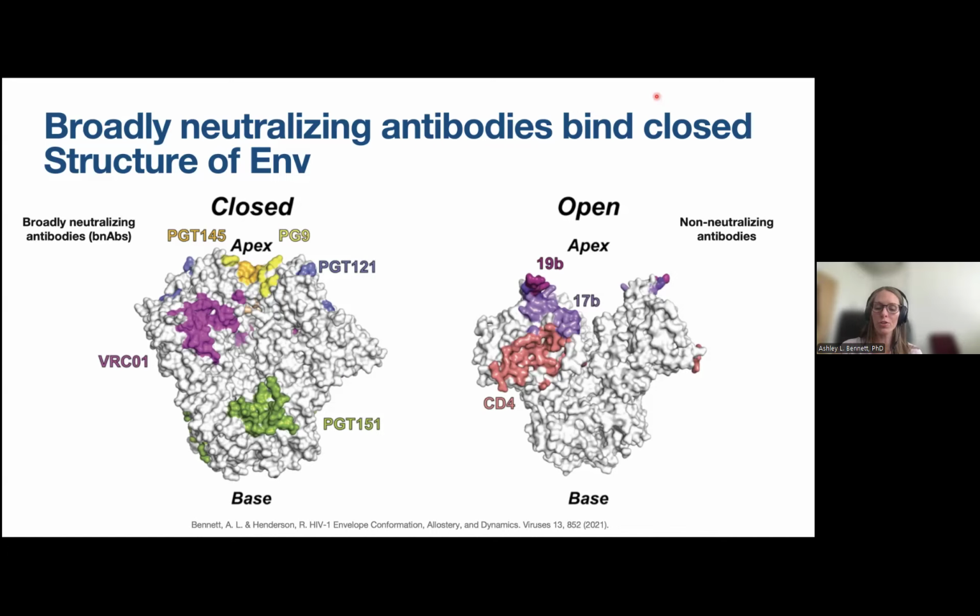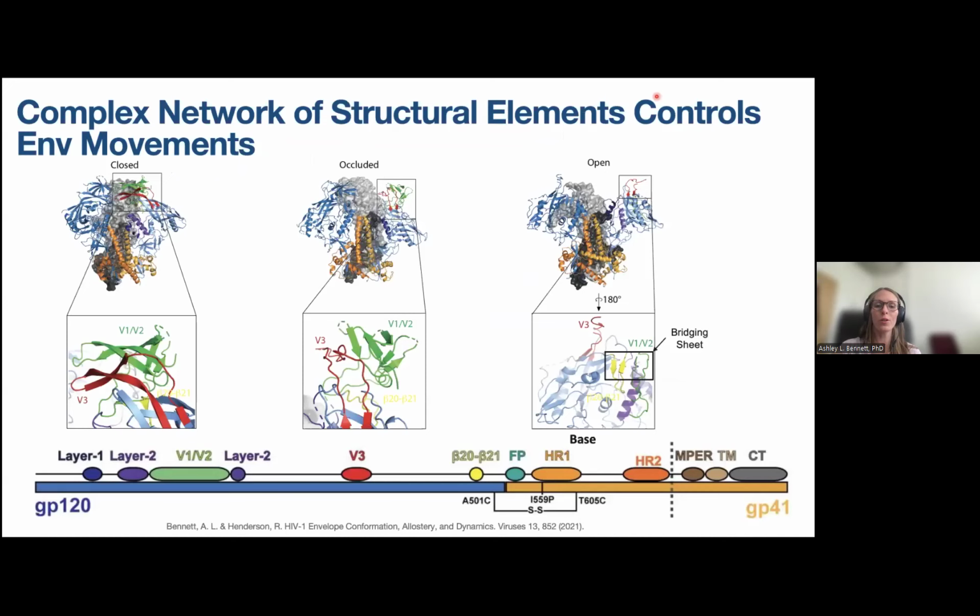And I also just realized I forgot to mention something very important. So I'm going to back up to this slide for a second. The native structure of this envelope is embedded in the viral membrane. The structure that we work with, though, is a solubilized ectodomain construct called the SOSIP.